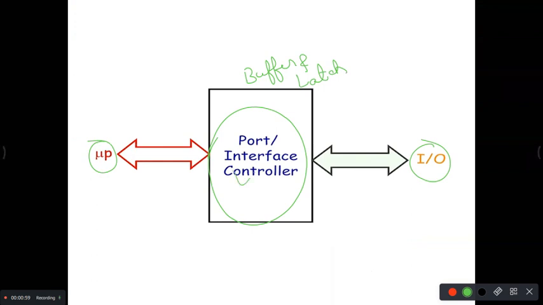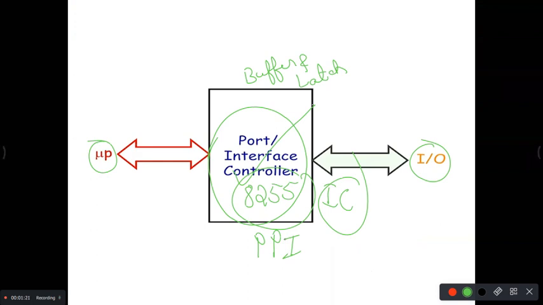This device is available altogether in another integrated circuit, which is called the programmable peripheral interface.